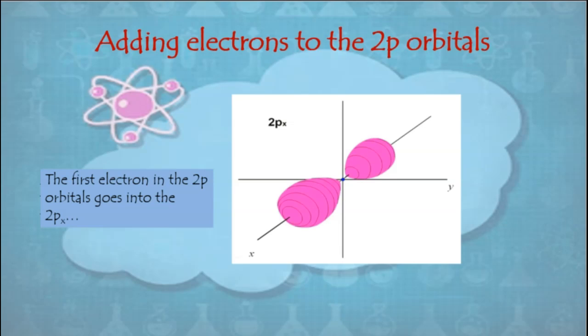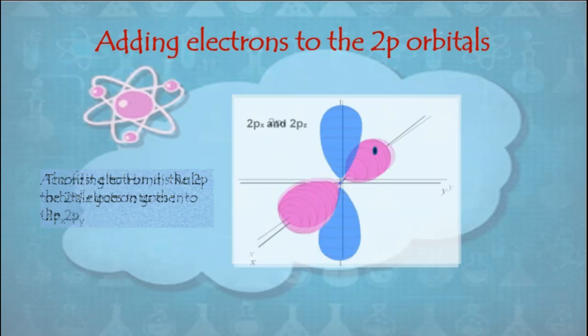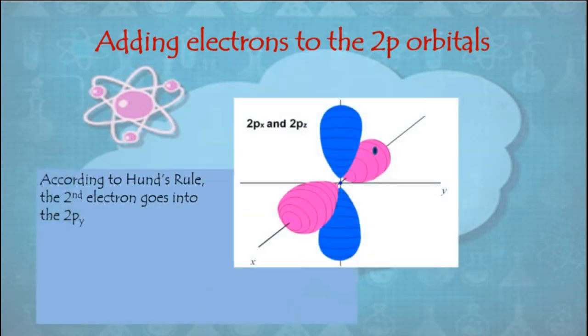All right, so let's go back to adding electrons to those 2p orbitals. Using Hund's rule, this is the px. I'm going to put an electron in the px orbital. Hund's rule says I can't put one in the other side. So what do I have to do? I'm going to go to the 2pz, and I'm going to put an electron in there.